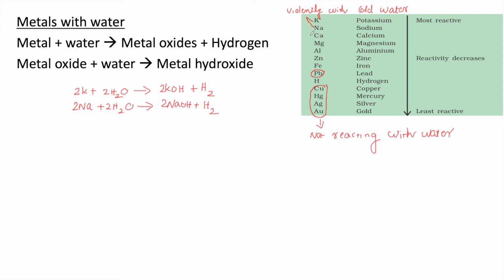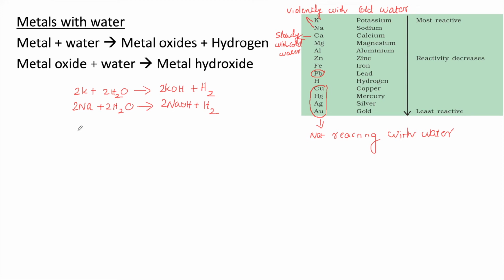Calcium also, it is reacting with cold water, but the reaction, it is very slow comparing to sodium and potassium. This is also an exothermic reaction, but it is not highly violent like the reaction of sodium and potassium with water. So calcium, it reacts slowly with cold water, and this is a less violent reaction also.